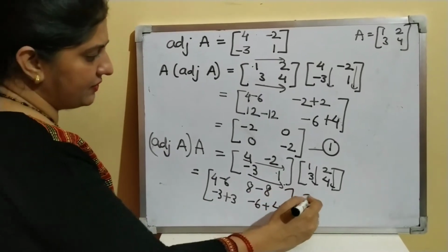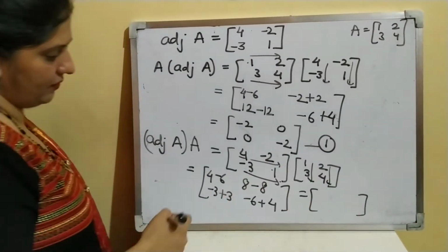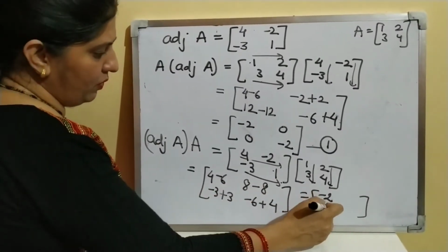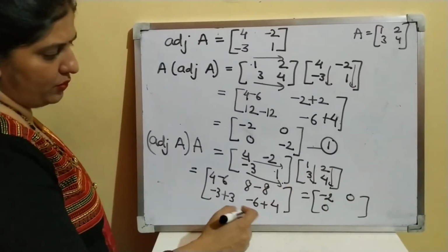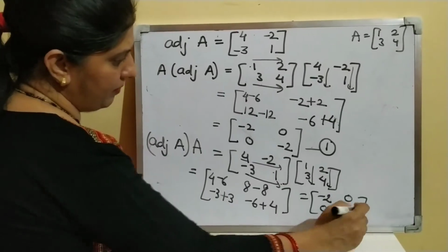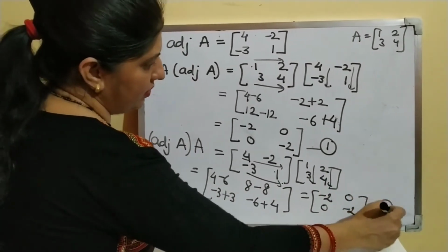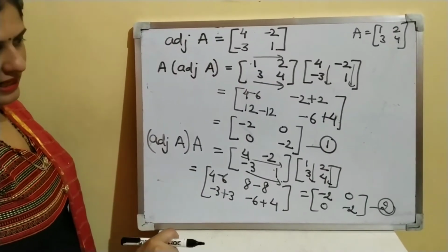So simplify it. 4 minus 6, minus 2, 0, 8 minus 8, 0, minus 6 plus 4, minus 2. We give this as number 2.